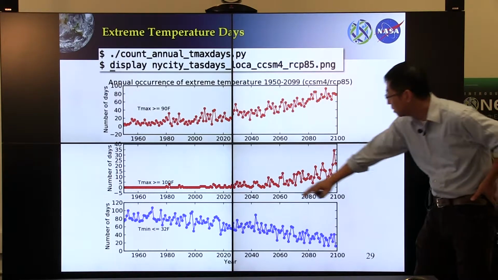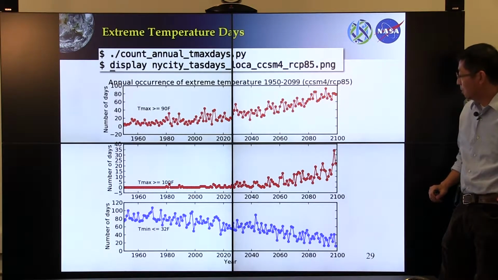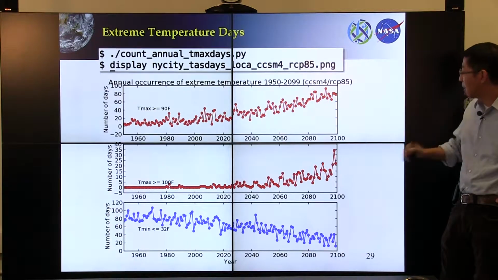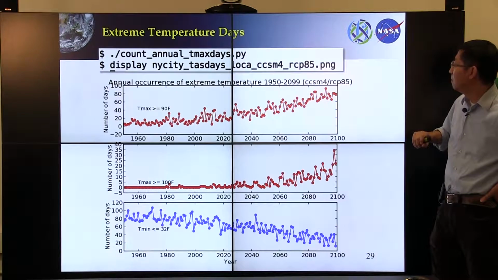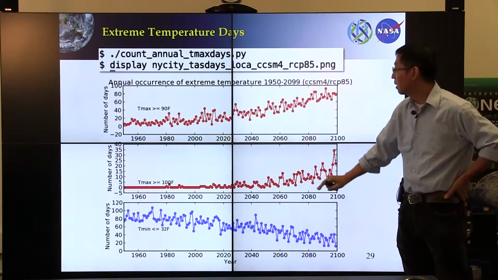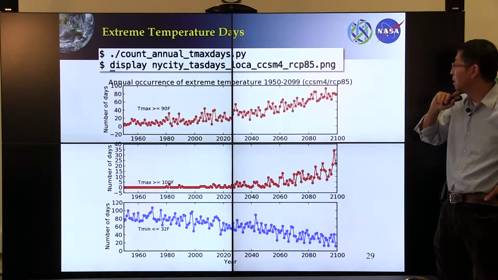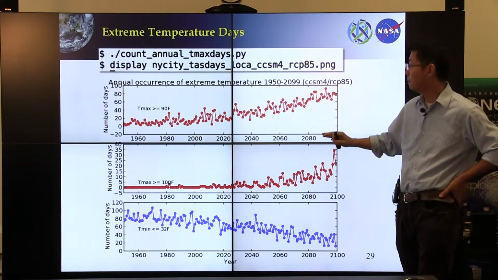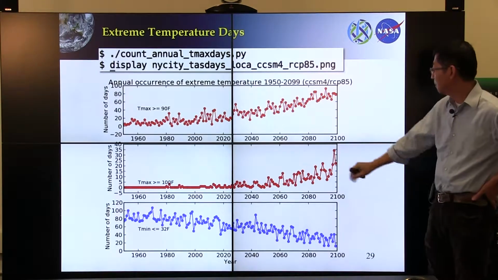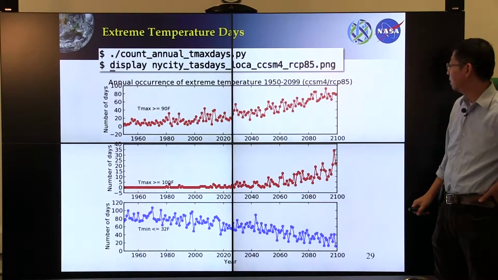Of course, the winter is not going to be that cold on average. The point of this graph suggests New York City, in terms of temperature, is going to be a lot more like somewhere in Florida in 50 years or 80 years.